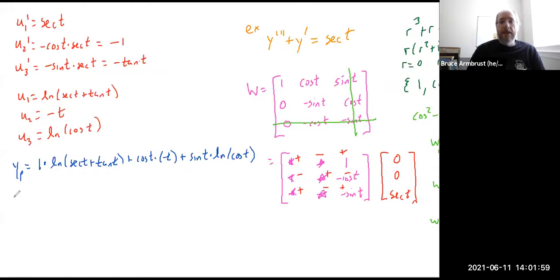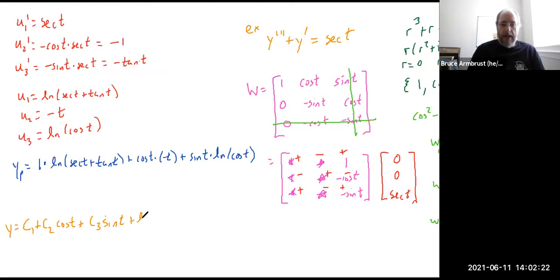All right, so there's our particular, which means now we can actually write the solution to this. So we're going to get C1 times 1 plus C2 times cosine plus C3 times sine. So that was our homogeneous piece. And then we add to that our particular solution.